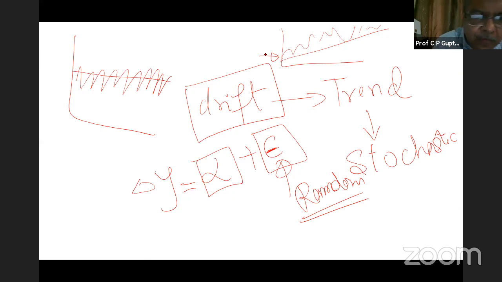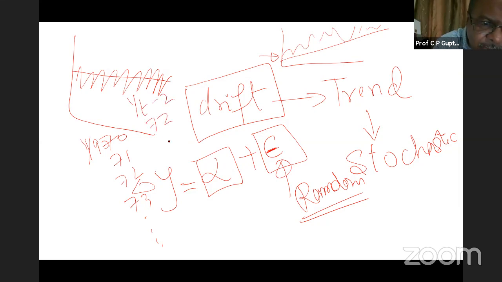When I say lag 2, that means, suppose I have data of 1970, 71, 72, 73, like this. Then a series with lag 2 will mean 72, 73. When I take a lag, I'm not taking a difference.